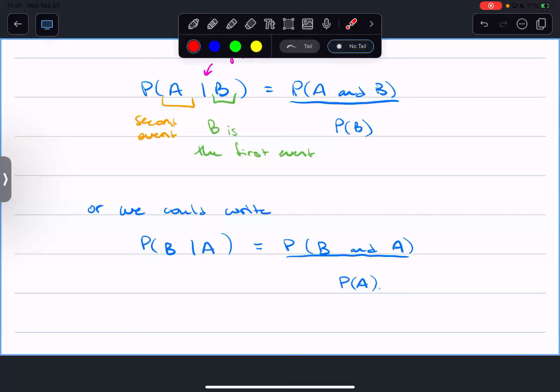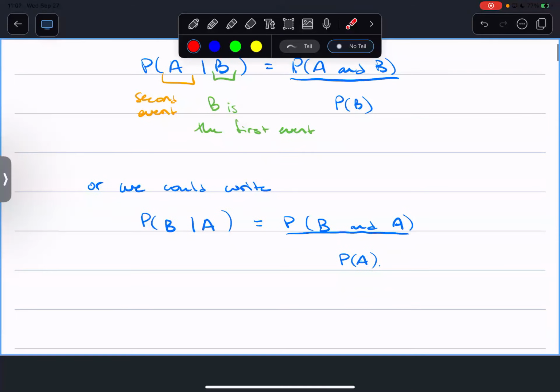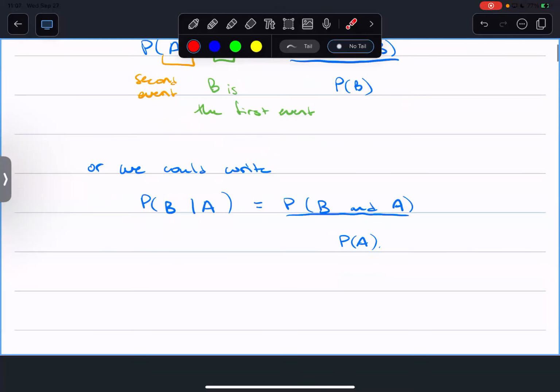Then the probability is the two happening together, divided by the probability of the first event, which is the same for both of those formulas because they are the same. All right.